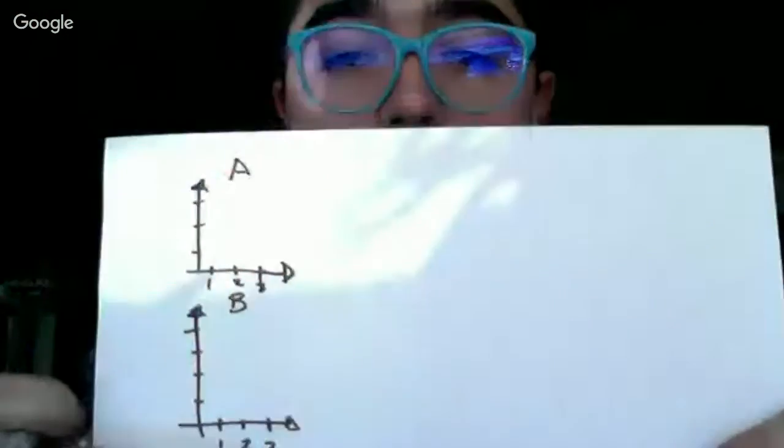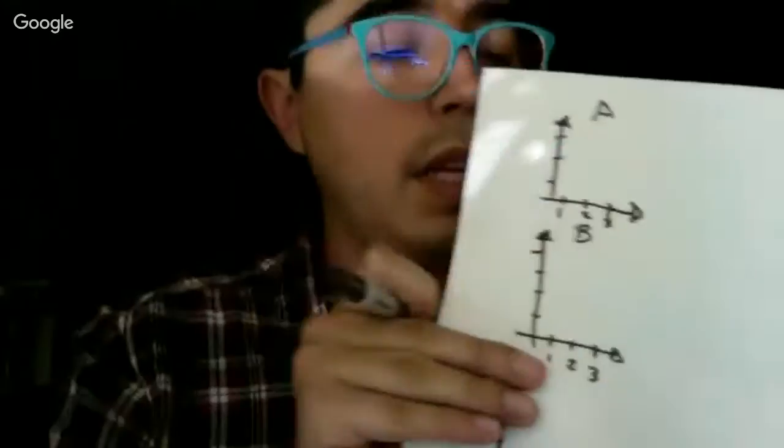Okay. So consumer A and consumer B have two demand curves for public goods in here that will look like this.